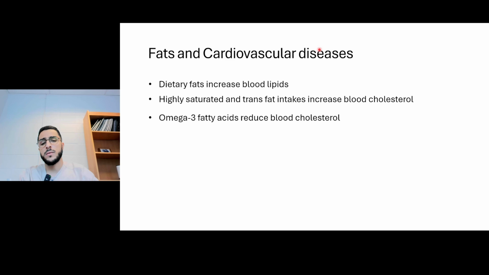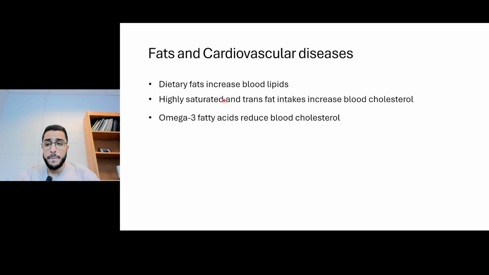So what's the link between fats and cardiovascular disease? Well, fats will increase the blood lipids level. And when you have too much blood lipids, you can cause a few problems, like block your arteries, right? And this is not good.